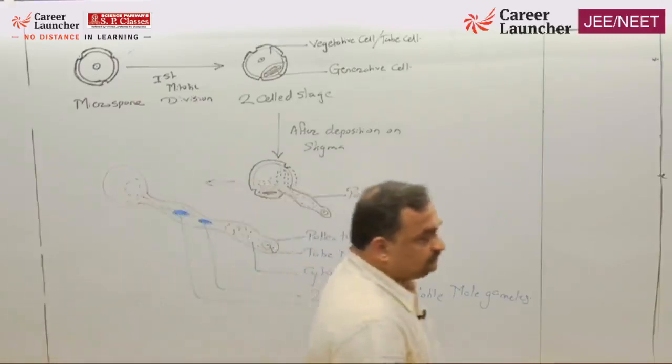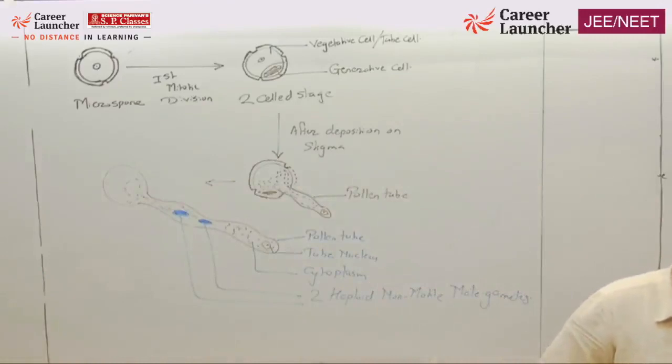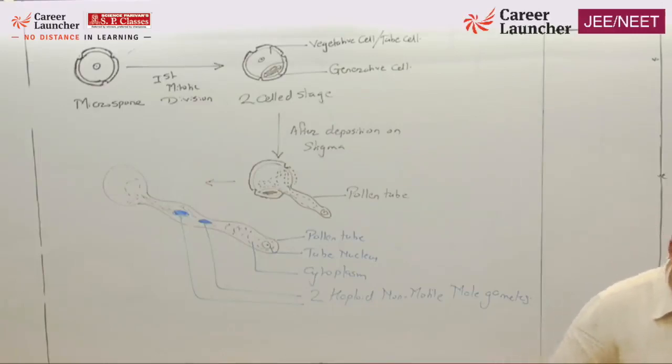Now I'll write 5 different mathematical questions. You will say, sir, biology में किधर मैथ्स आता है? तो इधर आता है मैथ्स.